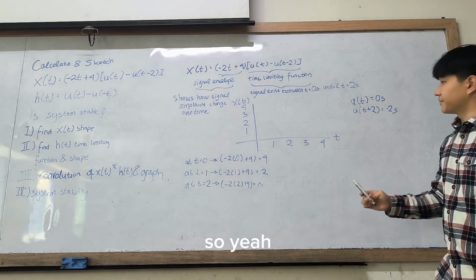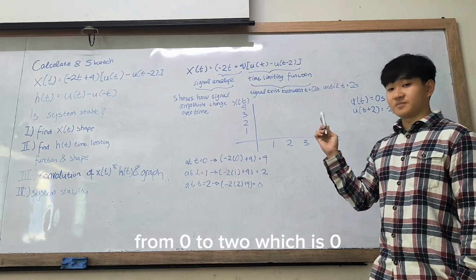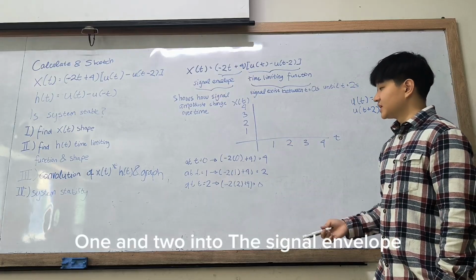So to find the graph, we just have to input from 0 to 2, which is 0, 1, and 2, into the signal envelope.